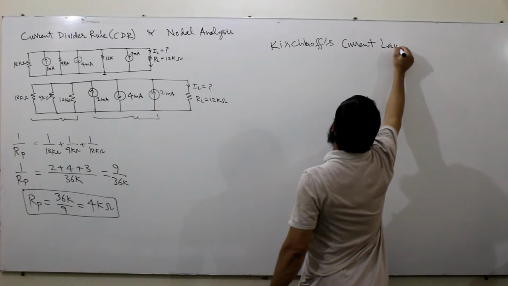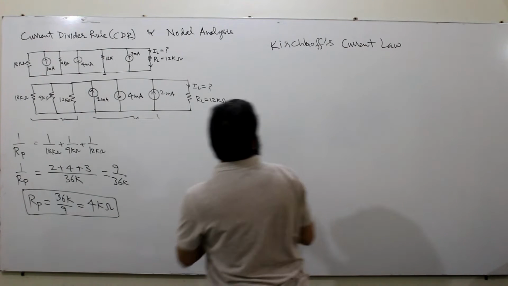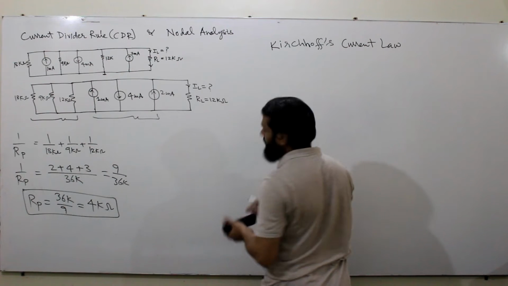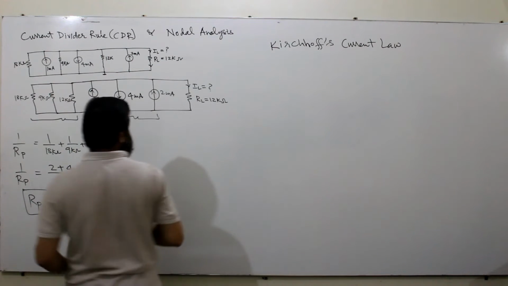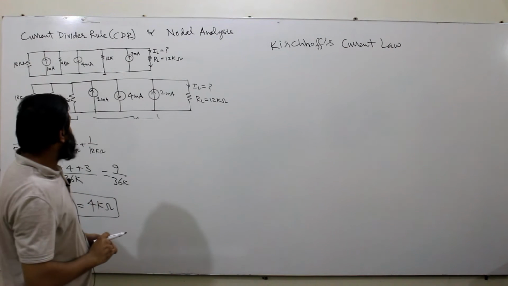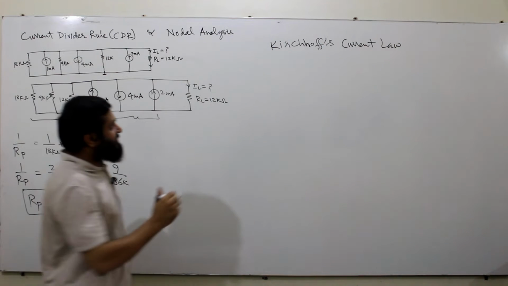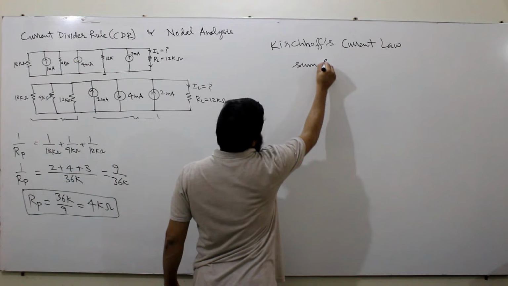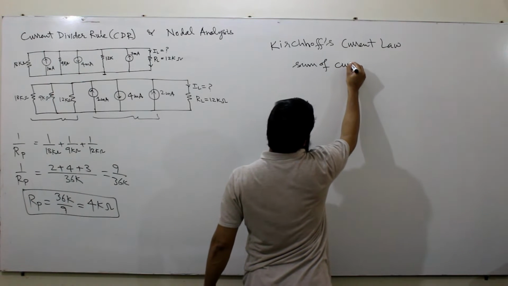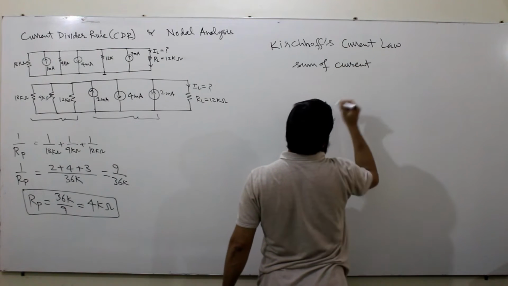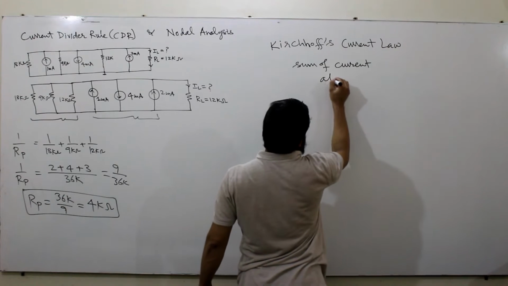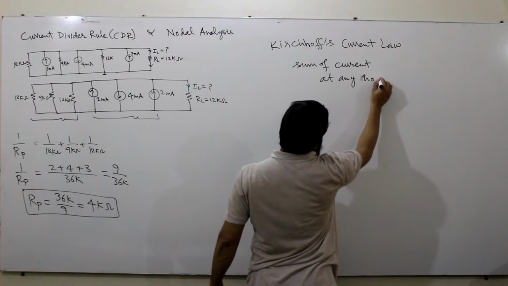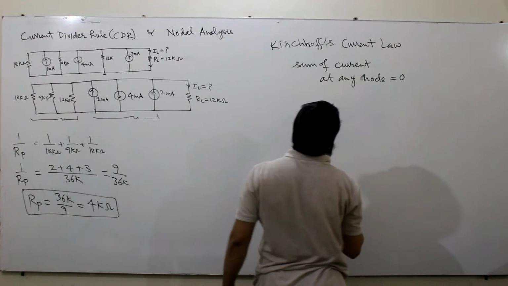According to the Kirchhoff's current law, the sum of currents at any node is equal to 0.